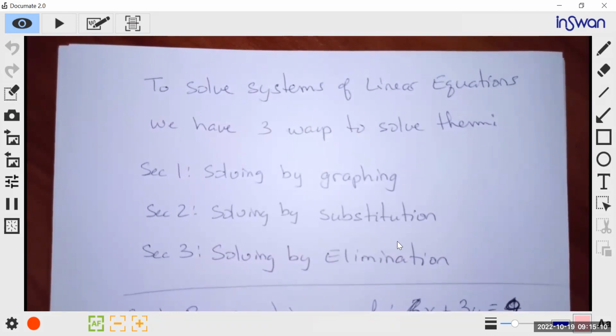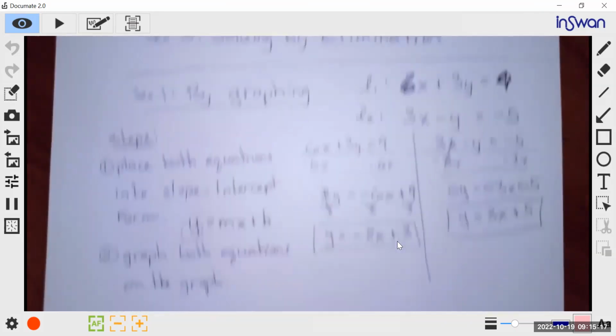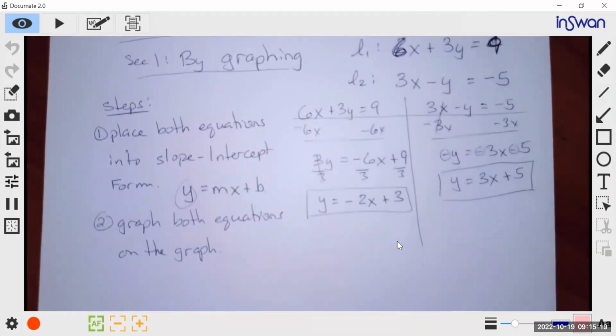You got them both? So both equations. Y equals negative 2x plus 3, y equals 3x plus 5.